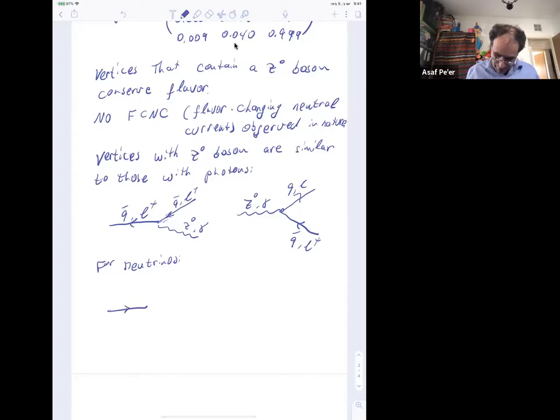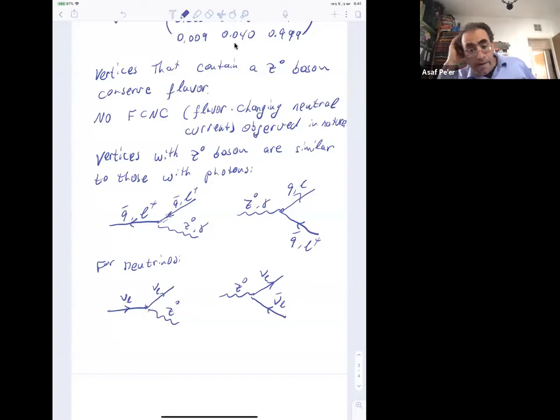Oh, just switch the order. You can have a Z boson and the neutrino, anti-neutrino. Made some mistake here.